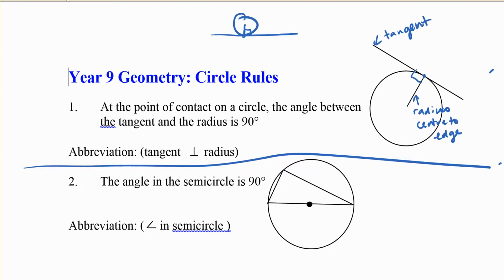Our second rule is angles in a semicircle is 90 degrees. So what I mean by semicircle is, think about cutting this circle in half. Right? So if we cut that in half and we make a triangle using the diameter there, the half circle part of the triangle, this corner up here becomes 90 degrees.